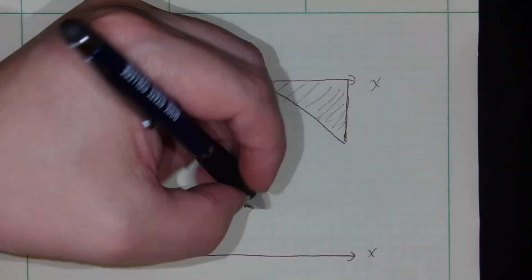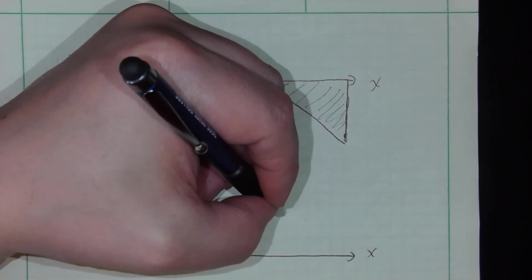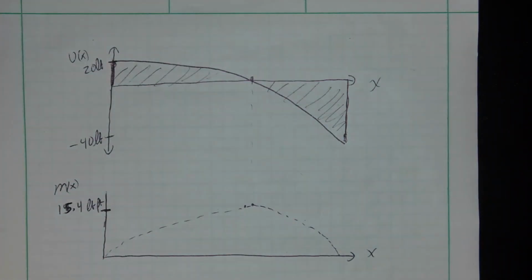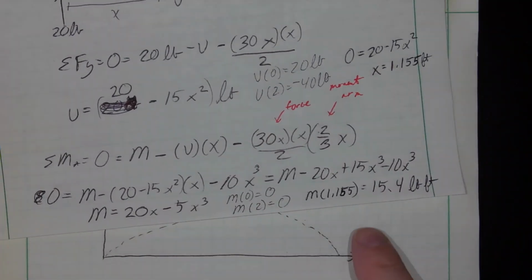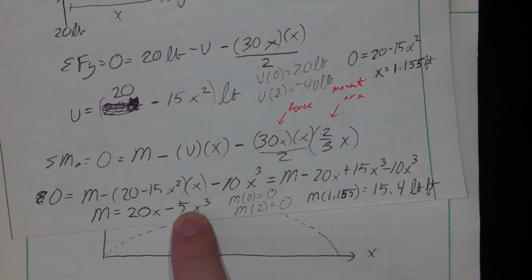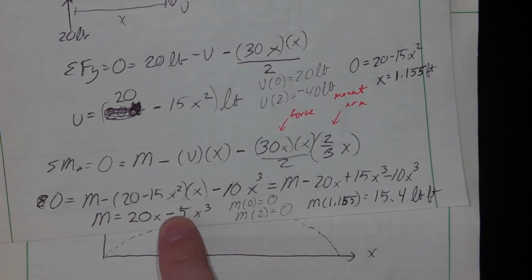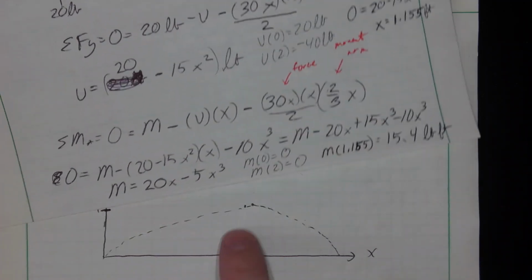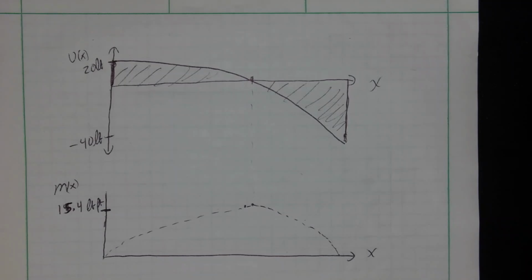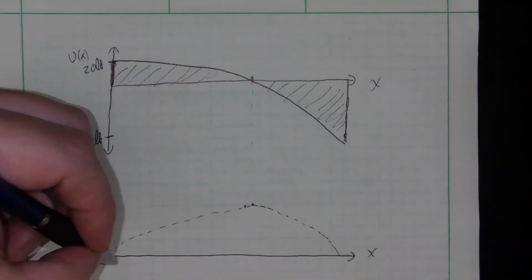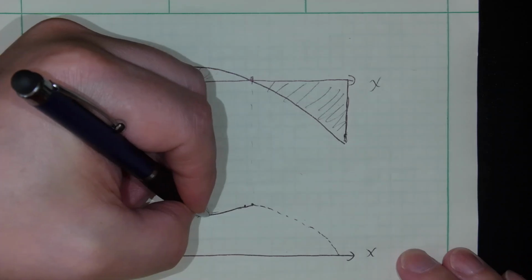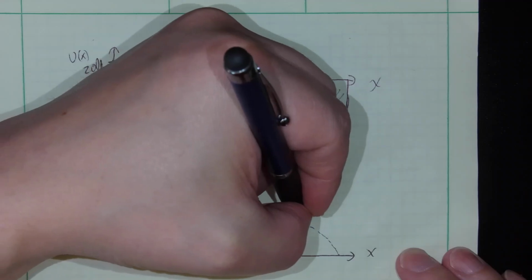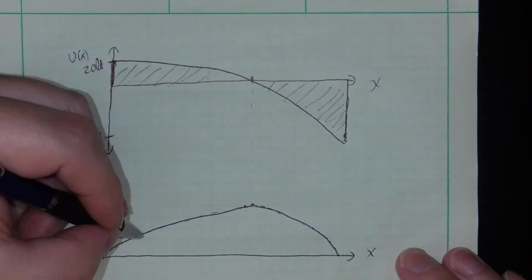I'm perfectly okay if you just say, you know what, Steve, if I look at this, it is a third order curve. It's a third order polynomial. It is concave down because of this negative sign here. If I take the second derivative, I'll get a negative value. It's a concave down shape across the entire span. It's going to go from this max value down to 0 with a curve, and from this max value down to 0 the other way with a curve.